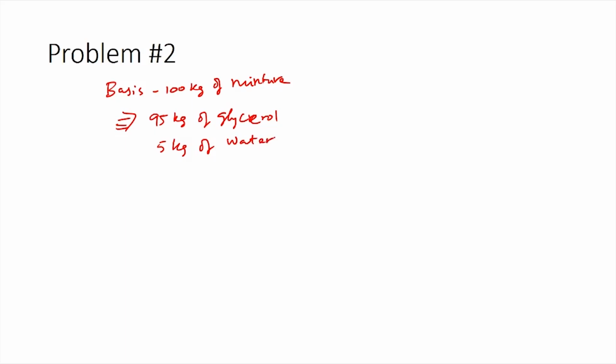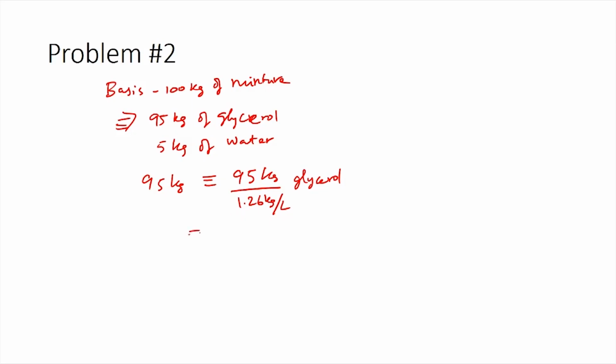We know the densities of glycerol and water, those values have been given to us. So, this 95 kilograms of glycerol would actually occupy 95 kilograms divided by 1.26 kilograms per liter of glycerol. So, this would be the volume, because this is mass divided by density.